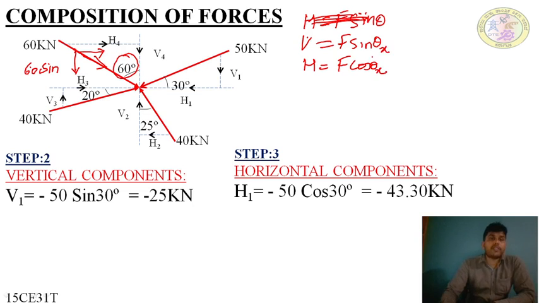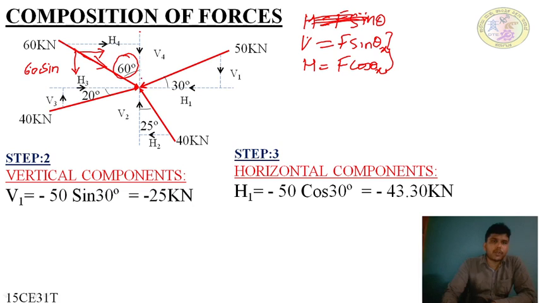Theta is always taken with respect to x. If we write sin 60 degrees, it will be wrong.